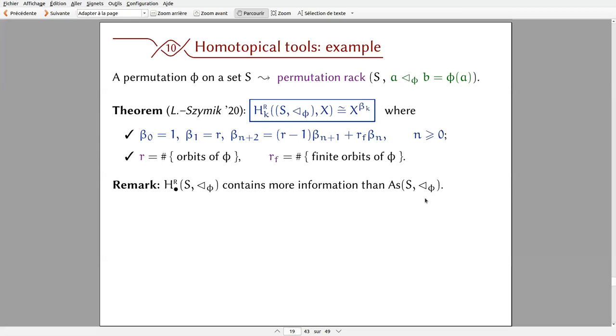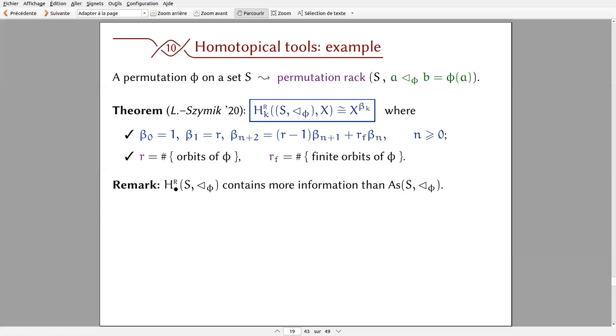So this associated group sees only the number of orbits of your rack, whereas the rack homology sees two things: the number of orbits and the number of finite orbits. So it contains slightly more information. You can say that this is natural, because one thing is the homology of the rack space, and the other thing is just the pi1 of this rack space. So it's natural to suppose that it shouldn't contain more information. But here it's a very simple example where you see that the associated group can contain strictly less information.